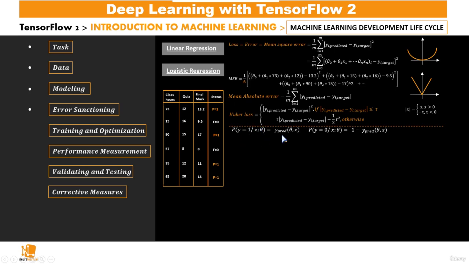To better understand the notion of conditional probability, it is important for you to go through our probability course. Now we could define this probability as a function y pred, which varies with respect to theta and x, and the probability of the student failing given the inputs and theta is equal to 1 minus y pred.